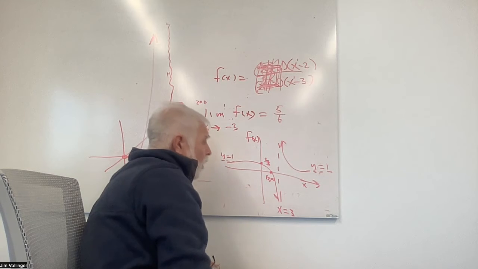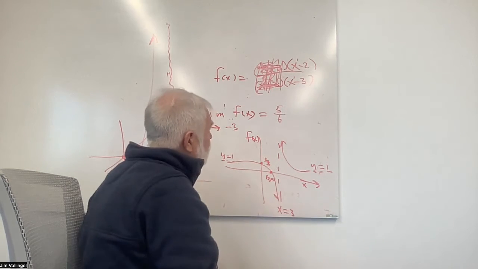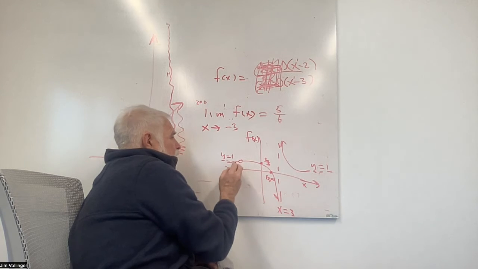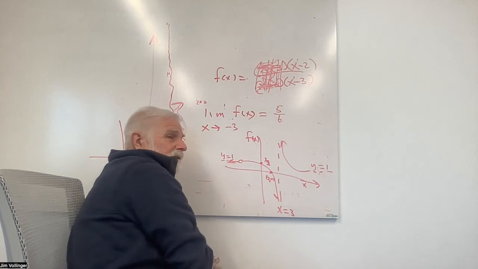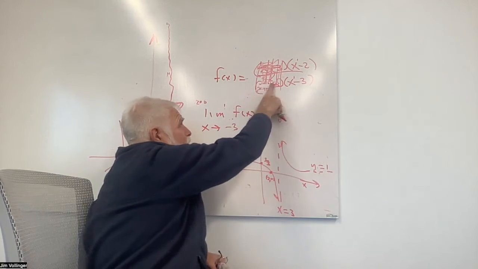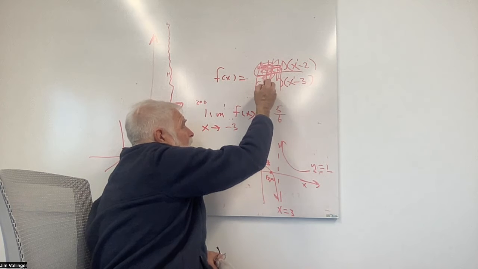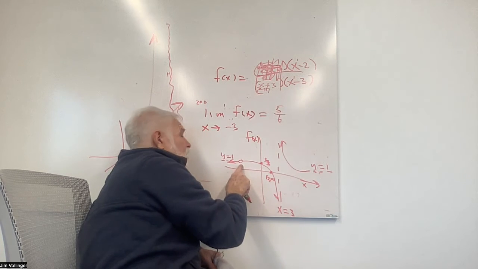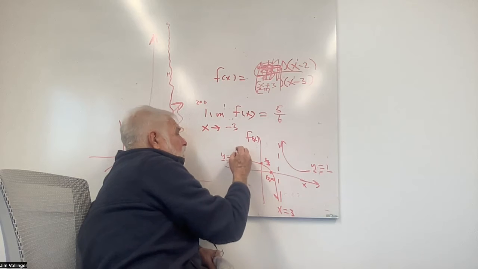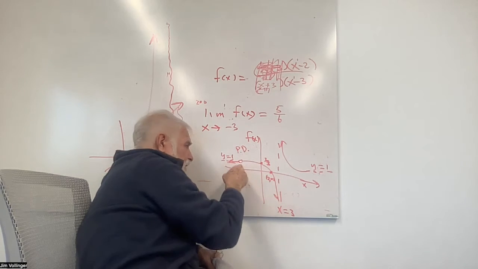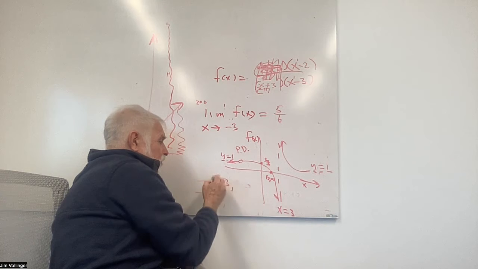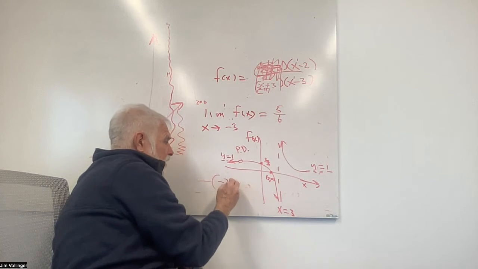However, if I wanted to present the graph to you, then I would have to make a point here that doesn't exist. Because at -3, we still have to think about the domain restriction. I'm not allowed to use it. I almost forgot to put the point of discontinuity. And that coordinate is -3, and we found out what that coordinate is.